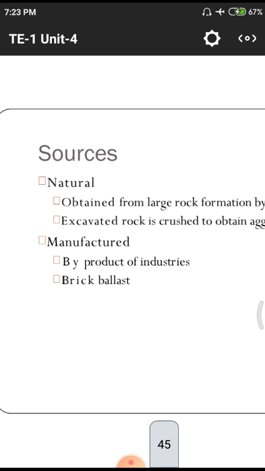Next one, manufactured sources. Nowadays we have a huge number of industries, mainly thermal power plants, steel industries, aluminum industries, and likewise different metal industries.